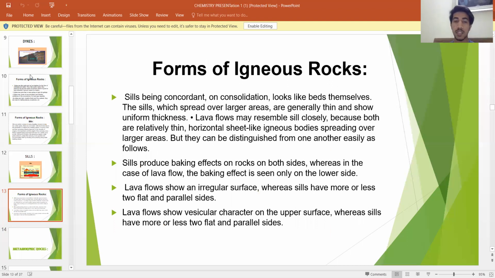So sills form when magma intrudes between the rock layers, forming a horizontal or gently dipping sheet of igneous rock. The Whin Sill in England provided a defensive cliff line on which the Romans built Hadrian's Wall.